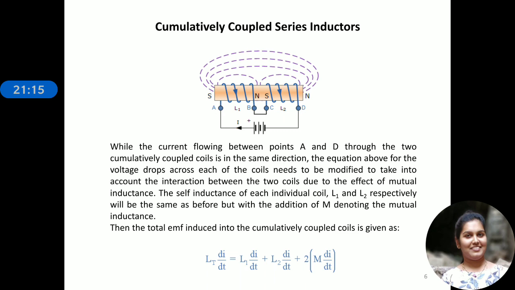So let's see what is there in these cumulatively coupled series inductors. When the current flows between the points A and D through the two cumulatively coupled coils in the same direction, the equations for the voltage drops across each coil need to be modified to take into account the interaction between the two coils due to the effect of mutual inductance.